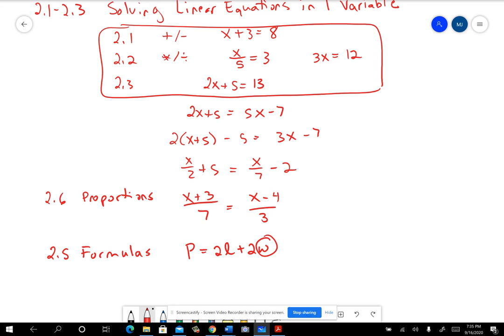Once you know how to solve a linear equation in one variable, you can rearrange formulas and make them useful to you. Another thing we can do is solve linear inequalities, not equations, in one variable.